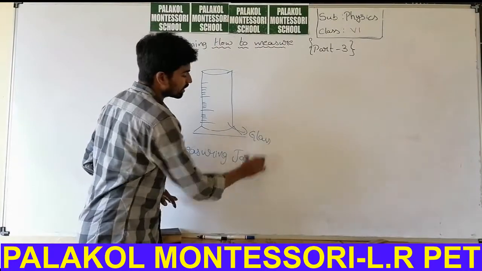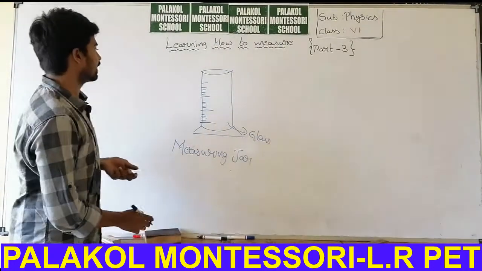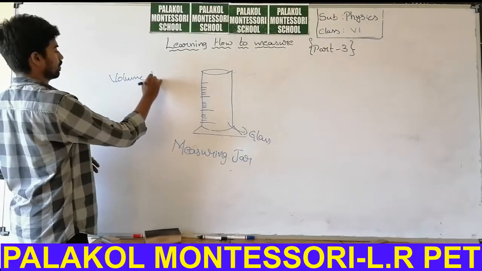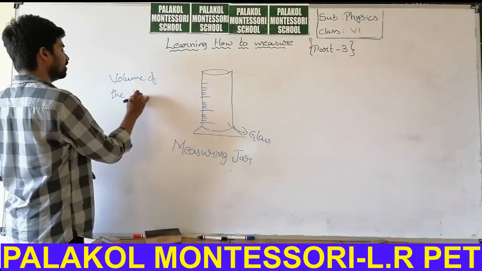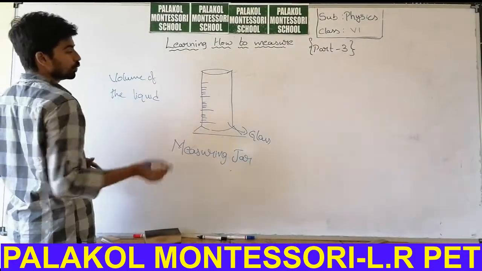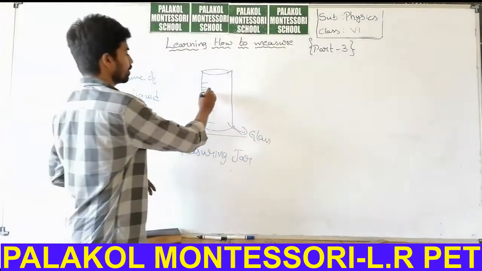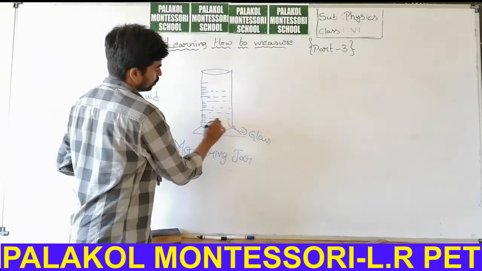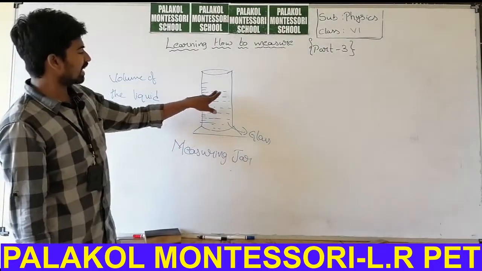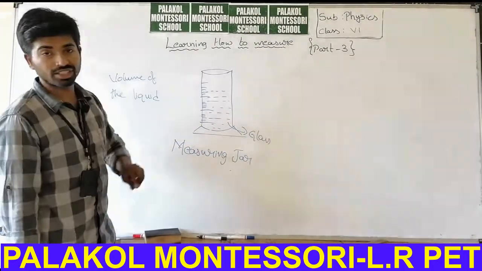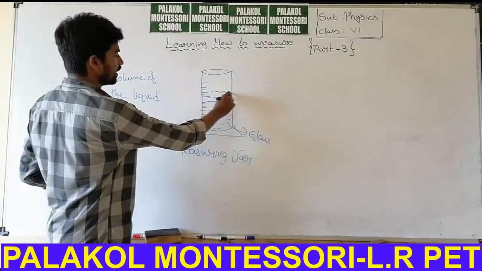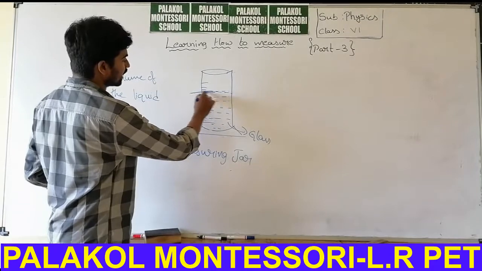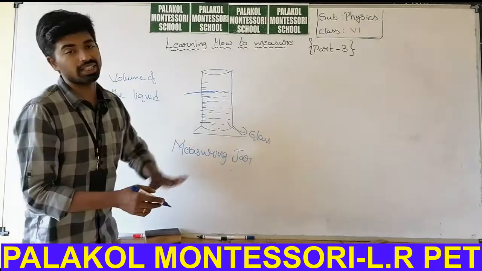If you want to measure the volume of the liquid, you have to pour the liquid into this measuring jar. Where the surface of the liquid coincides with the reading gives the volume of the liquid.